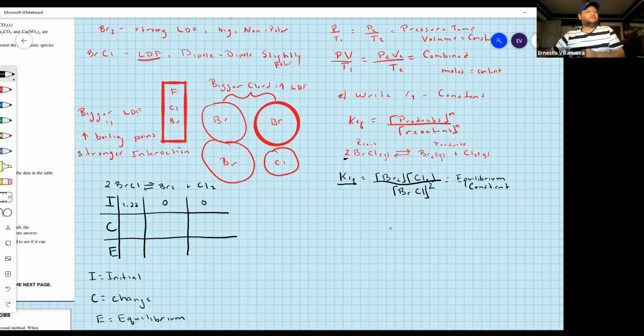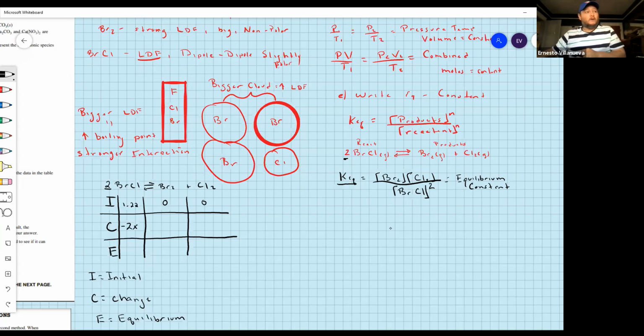All right. Now, the C represents change. So this is your initial, this is your starting point. How is this reaction changing? So this one is breaking down to form these two compounds, right? So this one is gonna change by a value of 2x, and because it's breaking down, it's gonna be a negative.